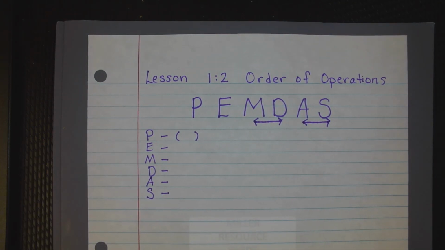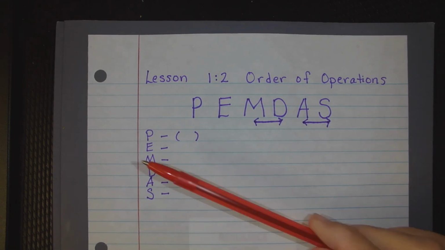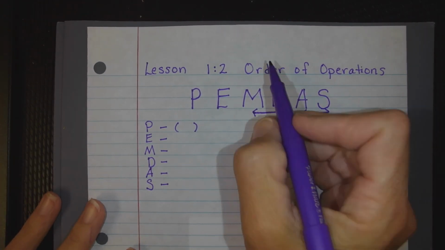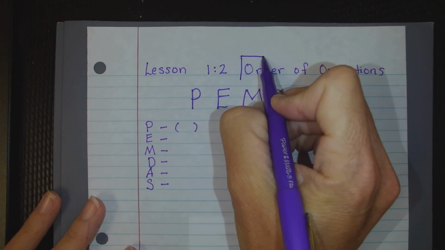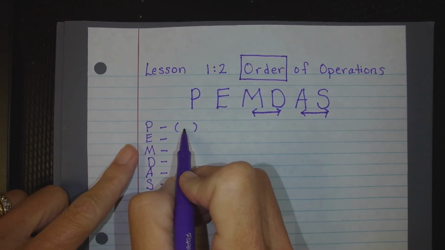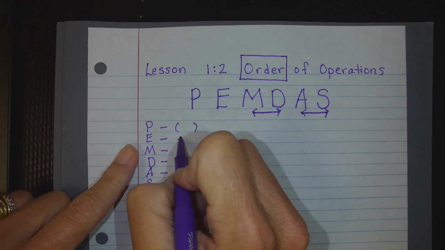But that is what I have my red pen for. Right here. So there we go. All right, so order is very important, the key word here. So P is for parentheses, E is for exponents.